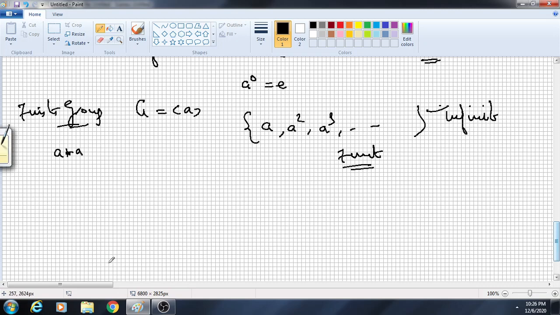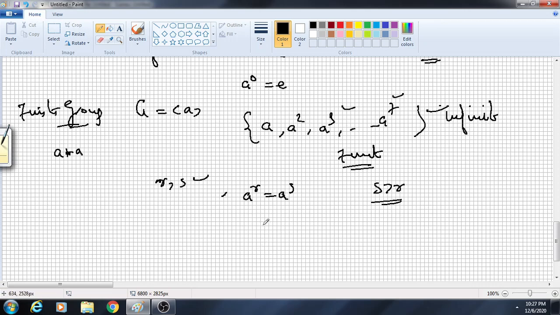So we can find positive integers r and s such that a raised to r is equal to a raised to s, because all the elements cannot be different. Maybe a raised to 3 and a raised to 7 are the same. So I am saying we can find r and s such that a raised to r is equal to a raised to s, where I take s greater than r. Here 7 was greater than 3.